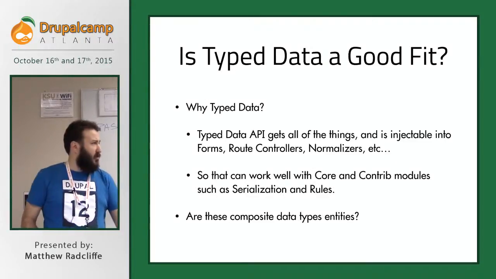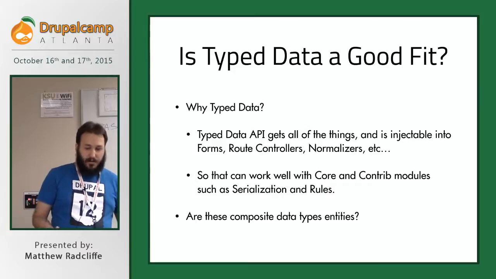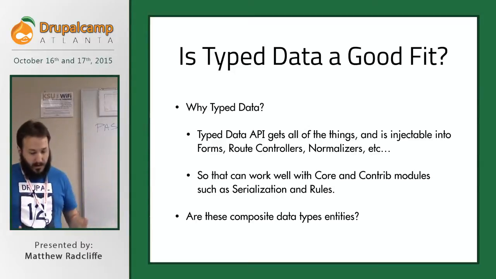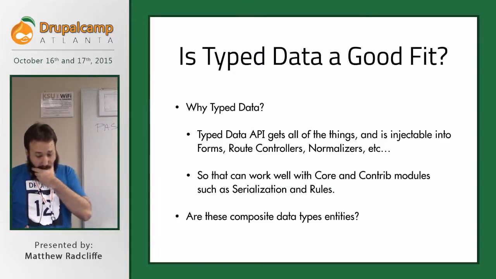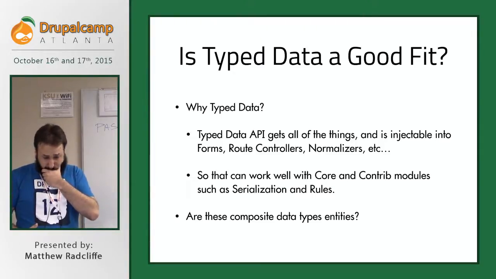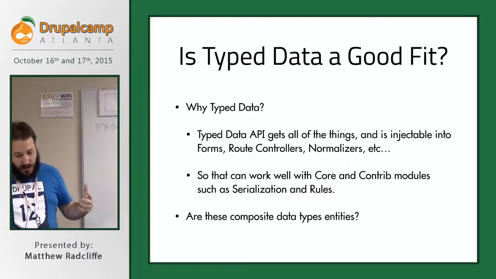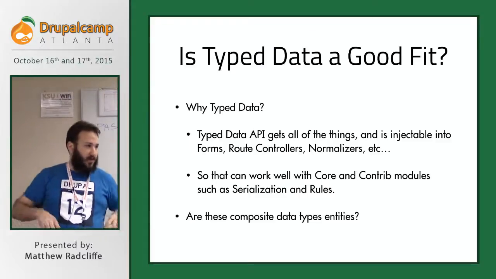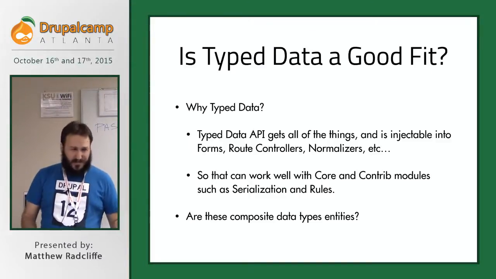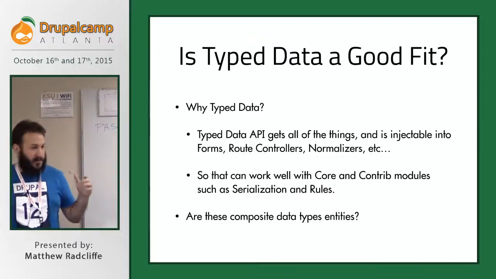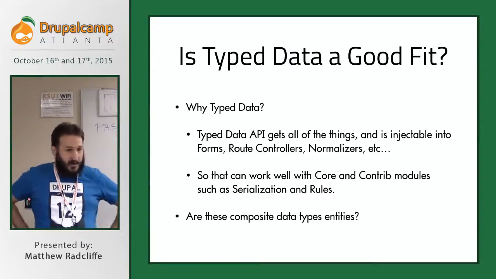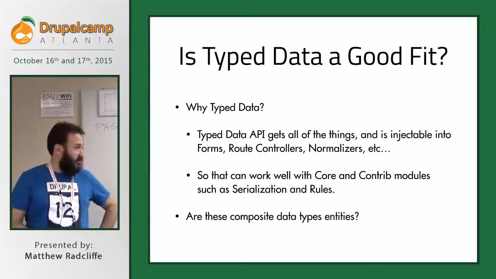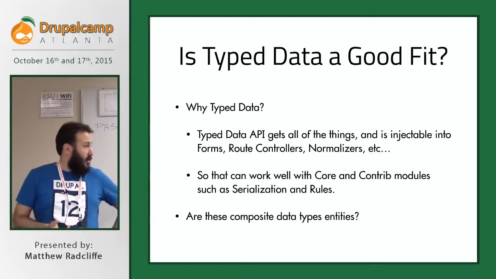And so I started questioning. I found type data. It looked like what I wanted. I said, why type data? Is it a good fit for me? Again, type data API is really low level in Drupal 8. It pretty much drives all the things, all the data things. I can inject it into forms, into my route controllers, into normalizers.